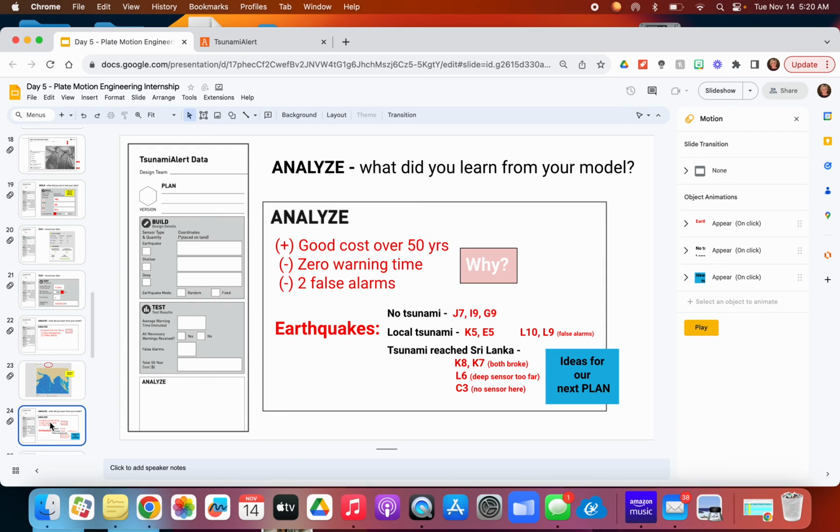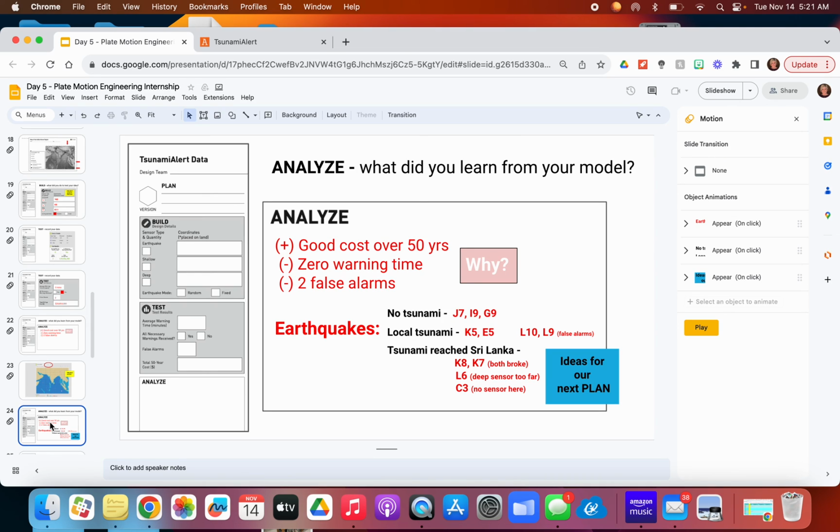So I divided mine up into those 3 groups: the earthquakes that did not generate tsunamis, the earthquakes that generated local tsunamis, which means false alarms, and then tsunamis that did reach Sri Lanka. And then I was able to identify that maybe the sensors broke, the deep sensor was too far, or in that one area with C3, I didn't have any sensors at all. This is where my idea for the next plan comes from.